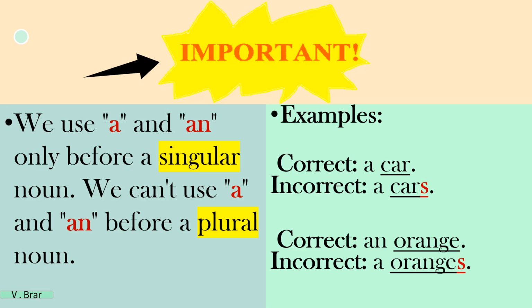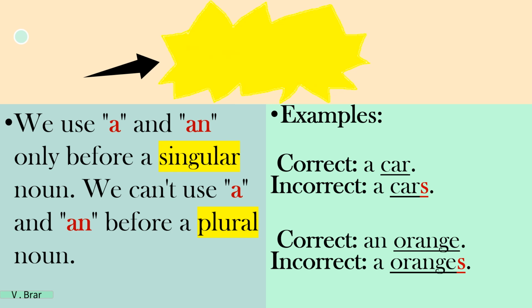Children, it is very important to remember that we use a and an only before a singular noun. We cannot use a and an before a plural noun. It means that article a and an can be used only for one person, thing, or place.